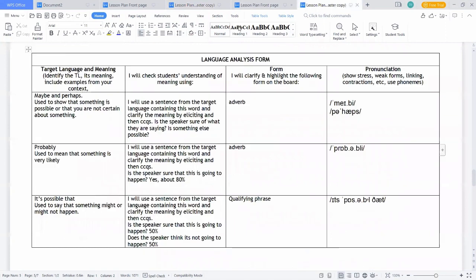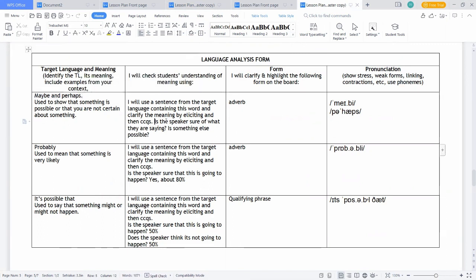In this lesson, I use CCQs. This is an example of checking students' understanding, concept checking questions. I was teaching the target language maybe and perhaps.